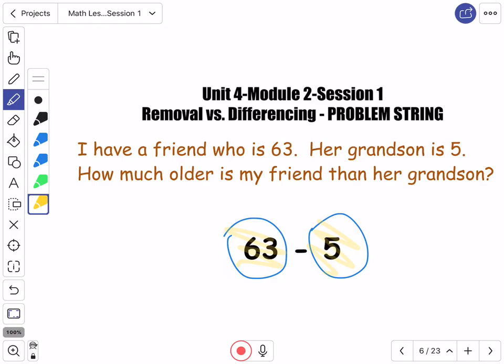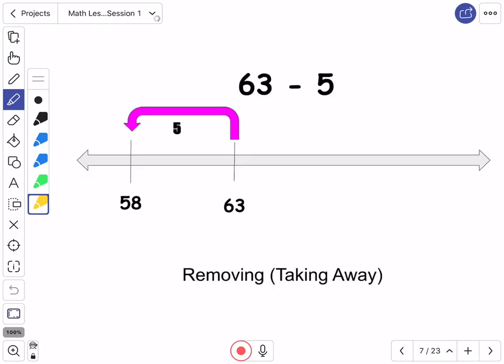We're going to look at a number line problem again, and on the next slide you'll see that if I were to start at 63 here, which is right here, and if I were to just jump 5 spaces backwards, I'm going to end up at 58. This one's called removing or taking away.